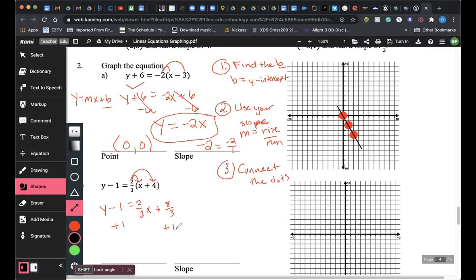I'm adding 1, but to a fraction, excuse me. So instead of adding 1, using my denominator, I'm going to add 3/3, because that's the same as 1. So now I'm just going to add 8 plus 3. That's going to give me 11. So y is equal to 2/3 x plus 11/3.